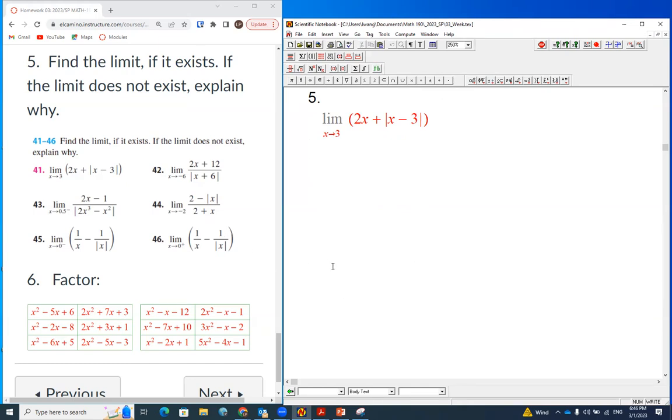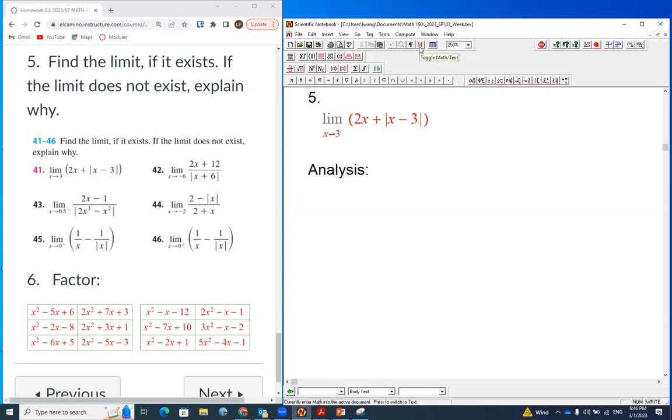x could be approaching 3 from smaller than 3. x could also be approaching 3 from larger than 3. If x is smaller than 3, then x minus 3 is... so I'm going to put up an analysis here. You don't have to show work about this analysis. Analysis is the part you don't have to show, but you need to think about.